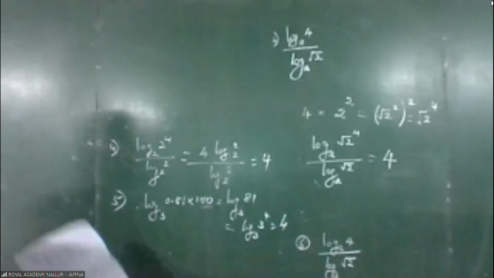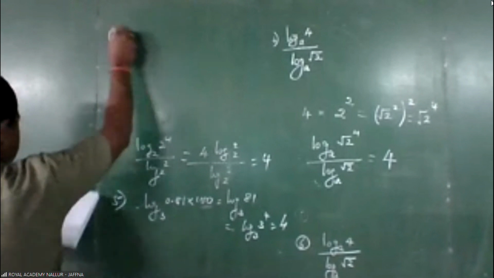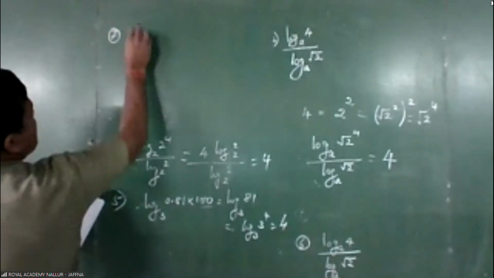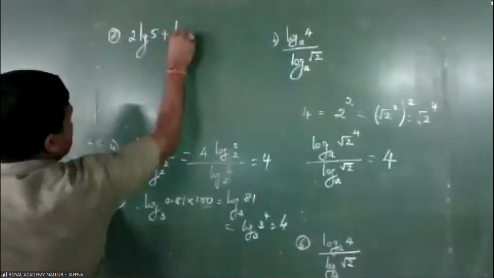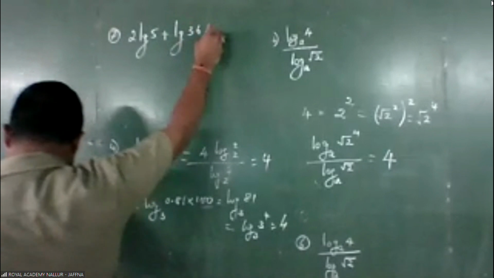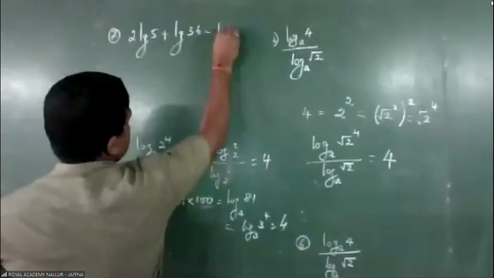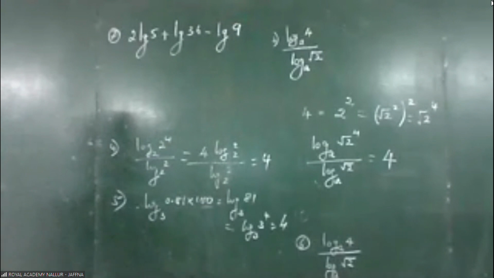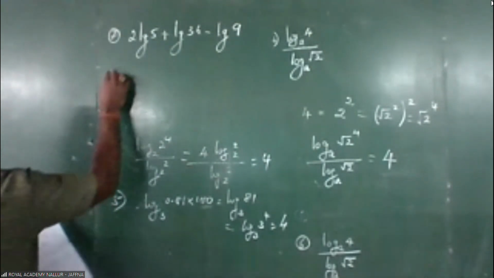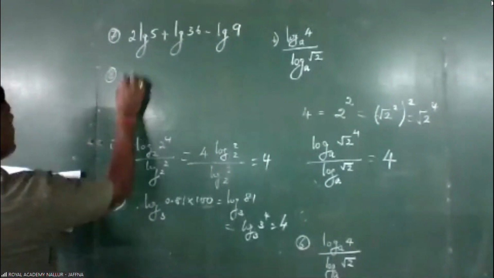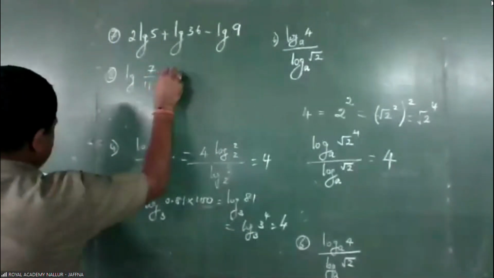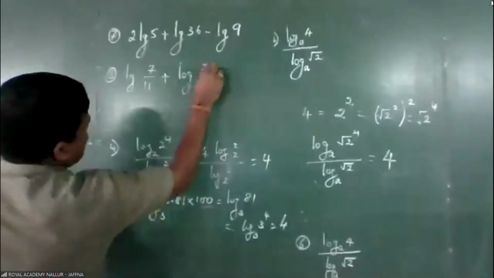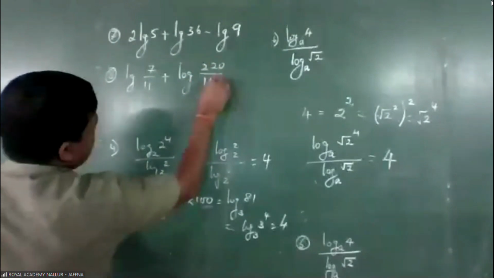Some more exercises. Number 6 there, then we continue from 7. Number 7: 2 log 5 plus log 36 minus log 9. Number 8: log 7 by 11 plus log 220 by 40.